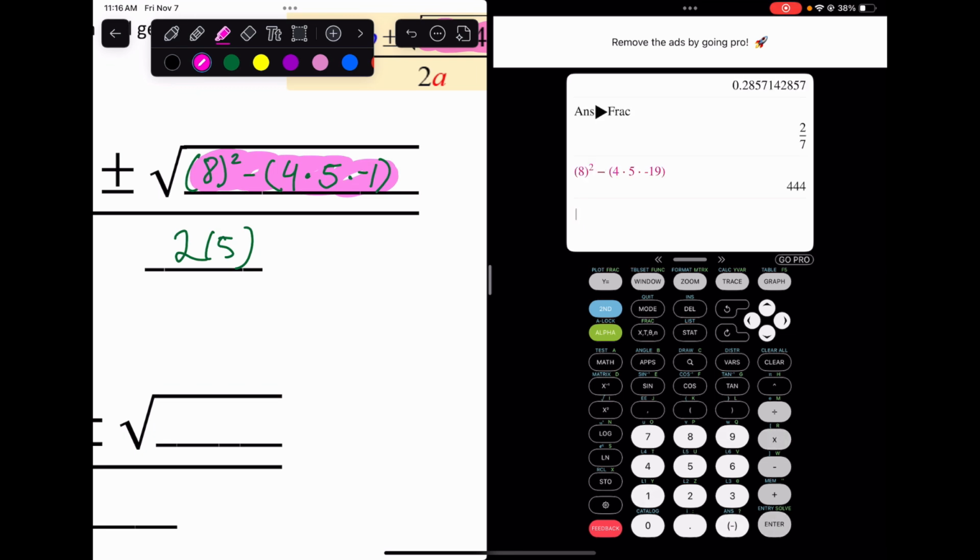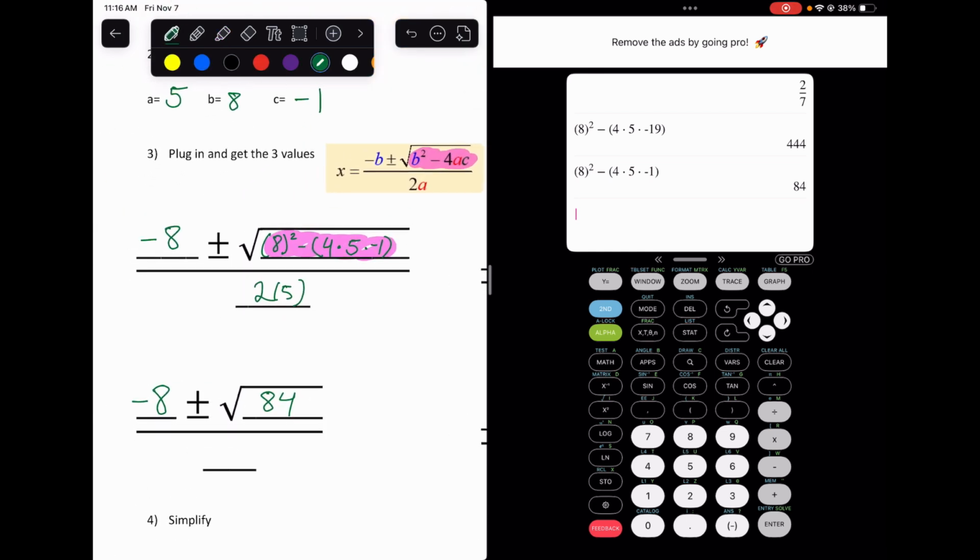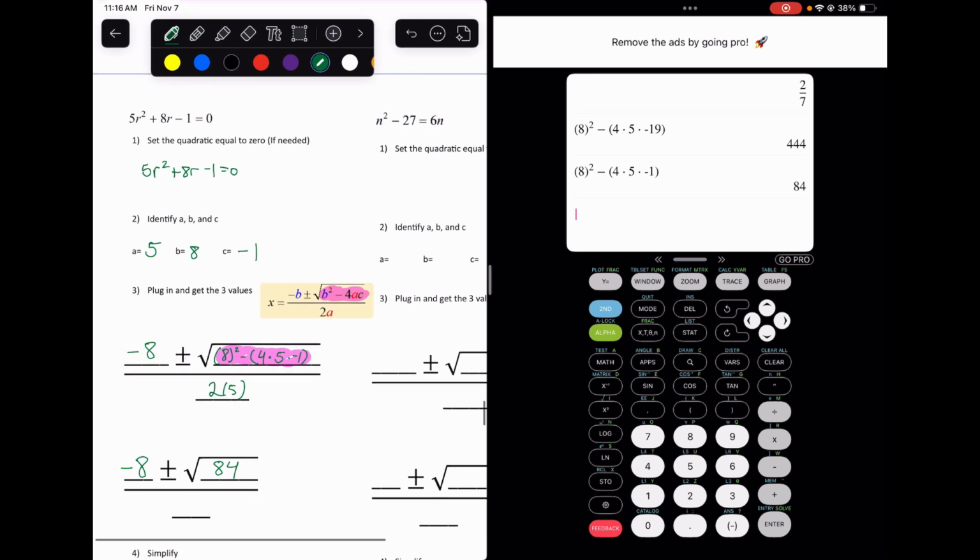Ooh, I did not type that in right, sorry. All right, so when I do that, I get 84, okay? So I go ahead and put 84 into my radical there, all right? Then in the denominator there, I just have to do 2 times 5, so I do that and I get 10.